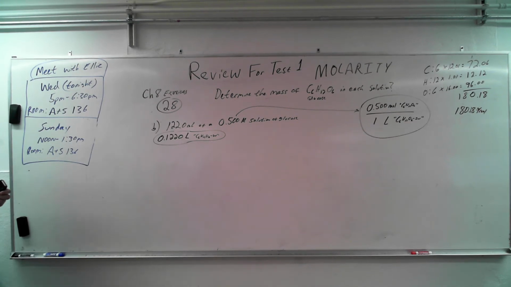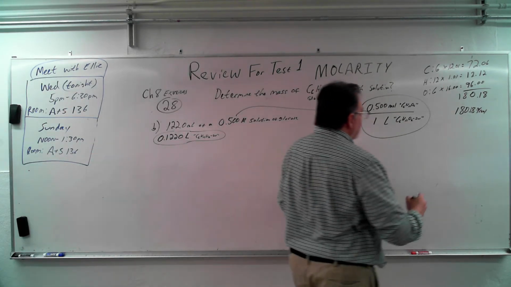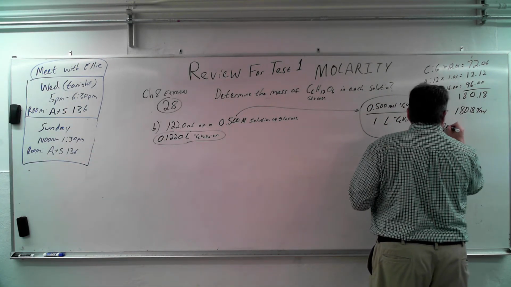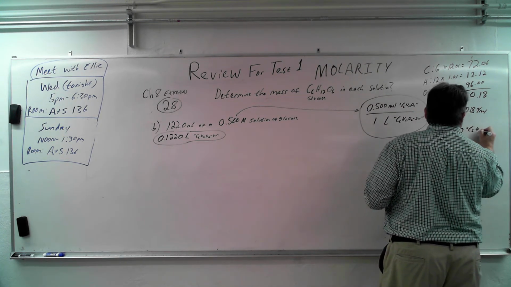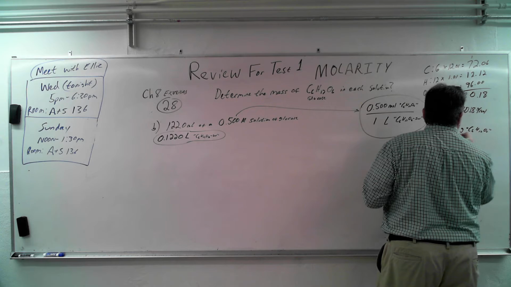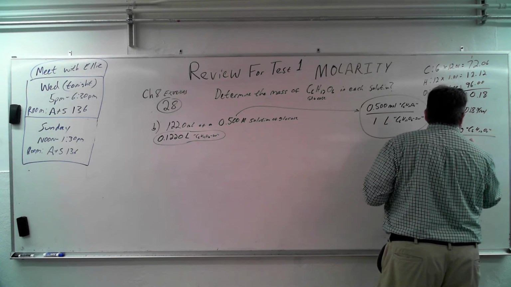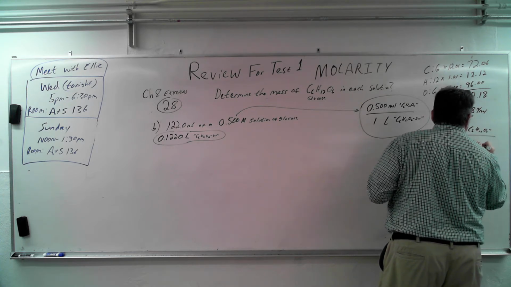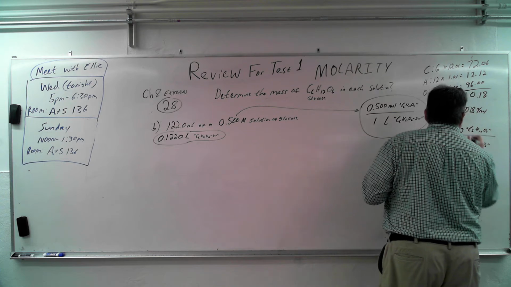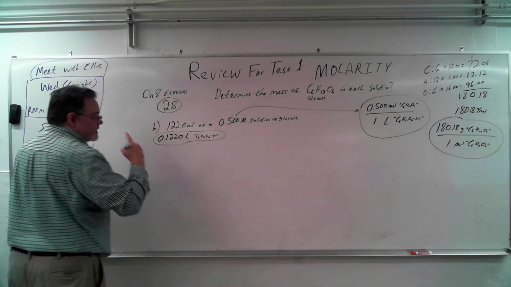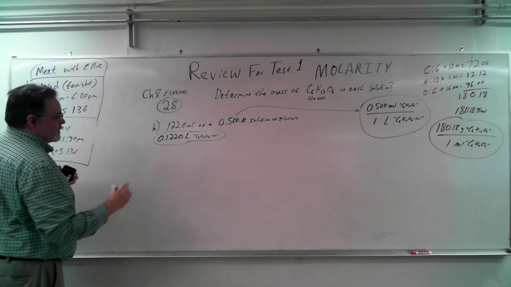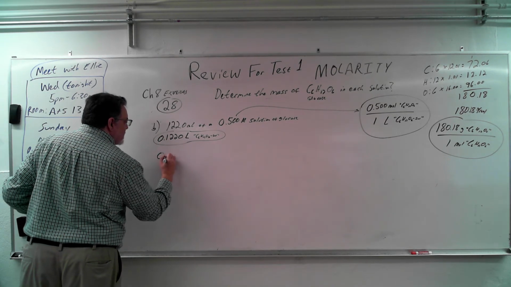So once you break all of this out, 180.18 grams of C6H12O6 and 1 mole of C6H12O6. Now you've broken out all the pieces and you can solve. I will start with this.